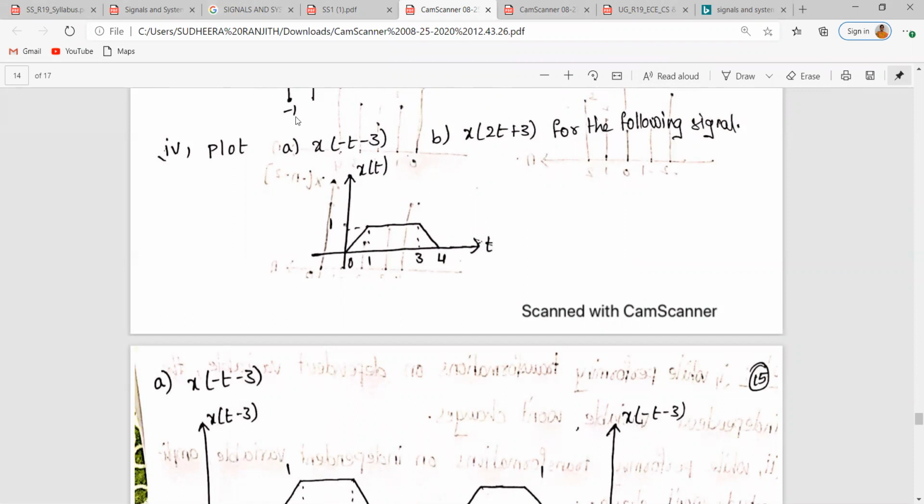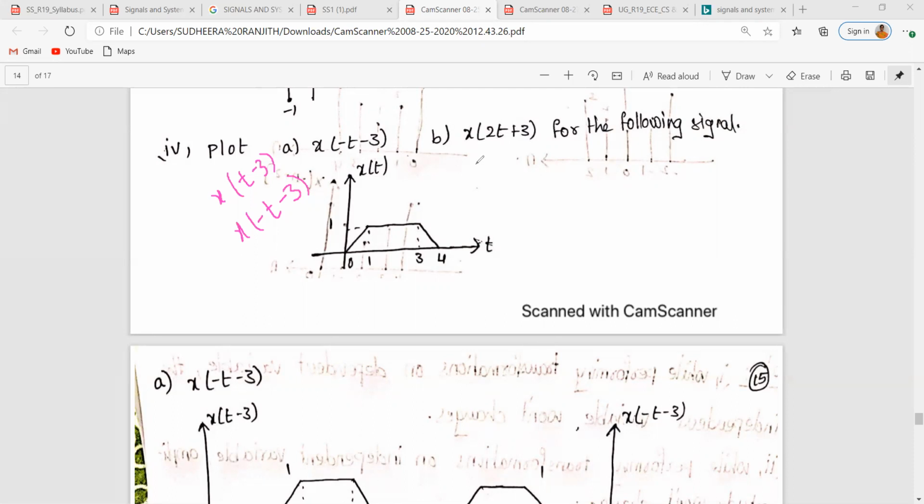For this signal, x of minus t minus 3, two operations are involved, shifting and reversal. Shifting, reversal, right? And the second signal is x of 2t plus 3.